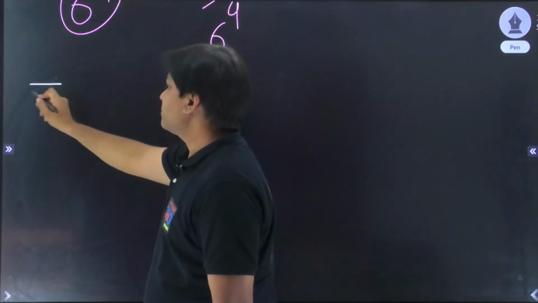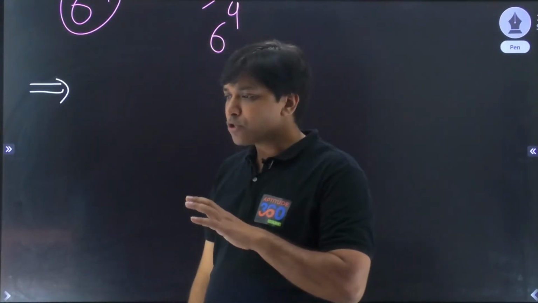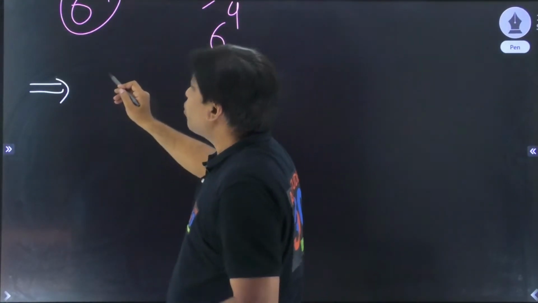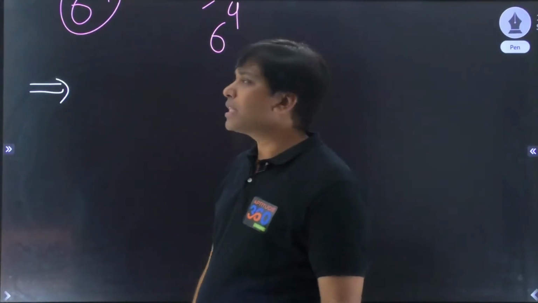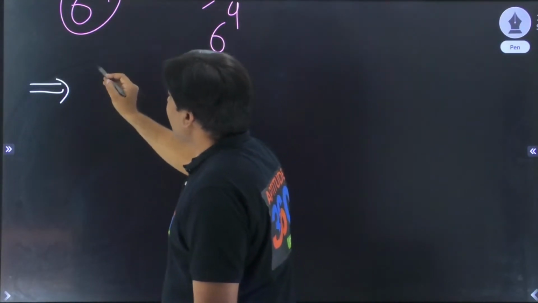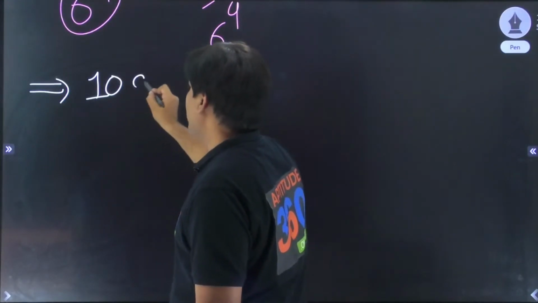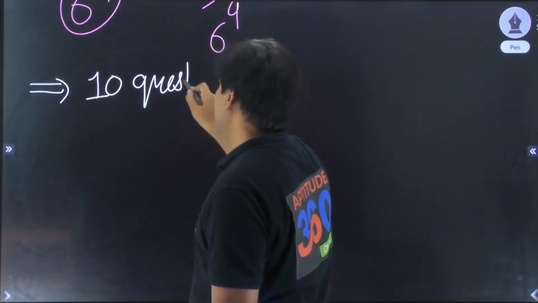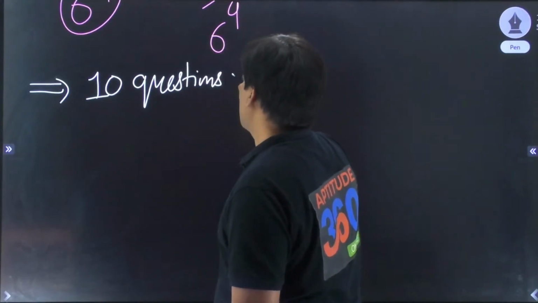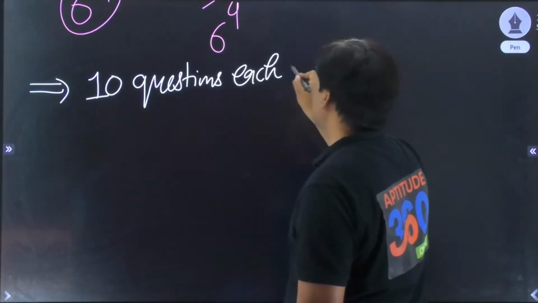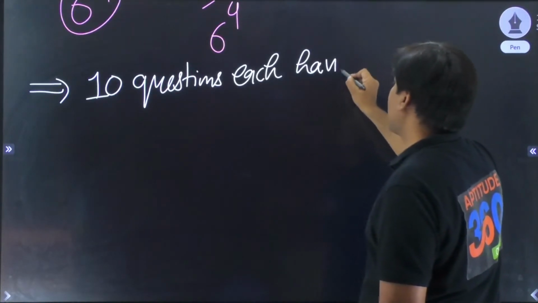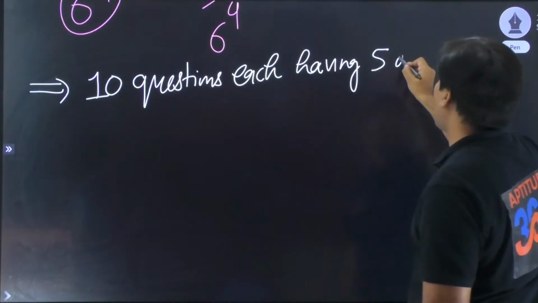Now see this problem. It's a pretty simple question. Starting with this one, continuing with this concept, I say that I have got 10 questions, each having 5 options.